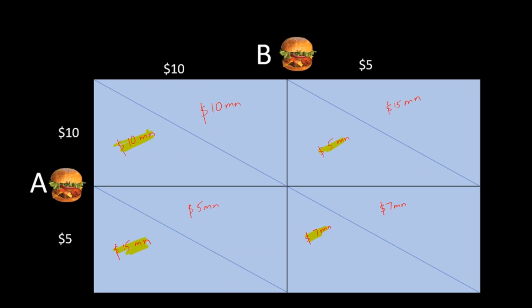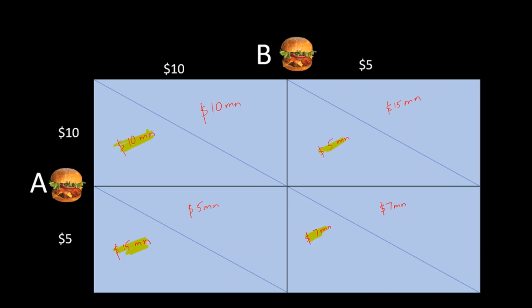Now, carefully look at this table and try to analyze the most likely outcome of this strategic game, where firm A and firm B have to decide between a lower price of $5 or a higher price of $10.